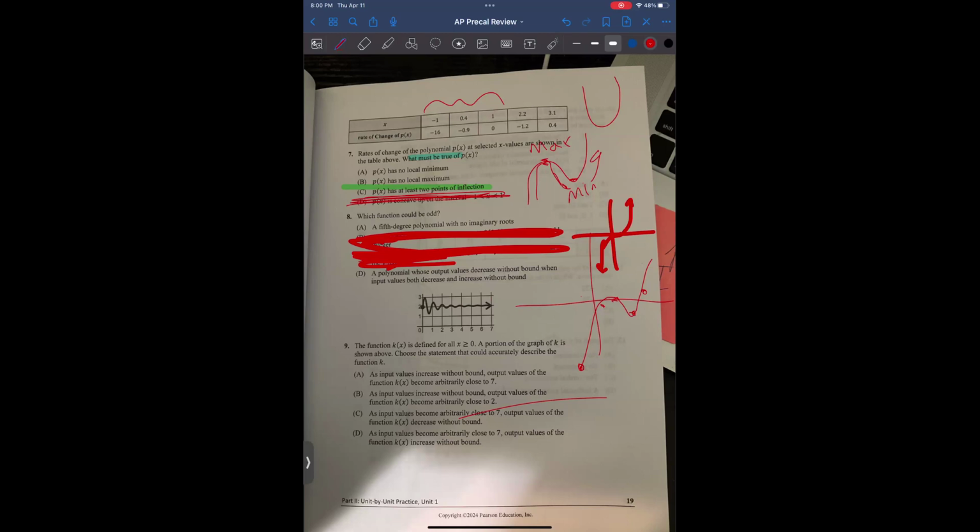And it says one whose output values decrease without bound, and then the input values both decrease and increase without bound. So wouldn't that make it not symmetrical? Maybe. I don't know. Oh, actually, I repeal my answer. I put A. Wait, I'm thinking about D now.